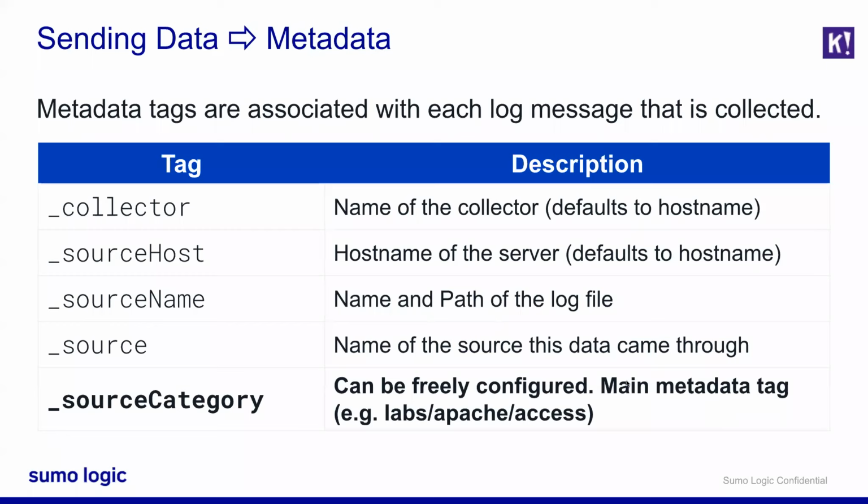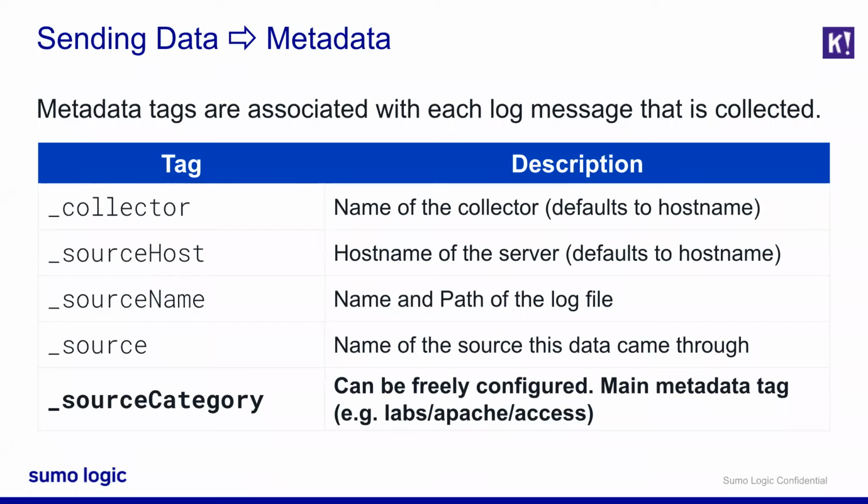For example, one exercise we do today will be the source category of labs/Apache/access. Now, knowing nothing about Sumo Logic, Apache, Access or Labs, right away the name of the source category gives you an indication of the environment. It's lab data. It's not prod data, not QA data, not dev data.